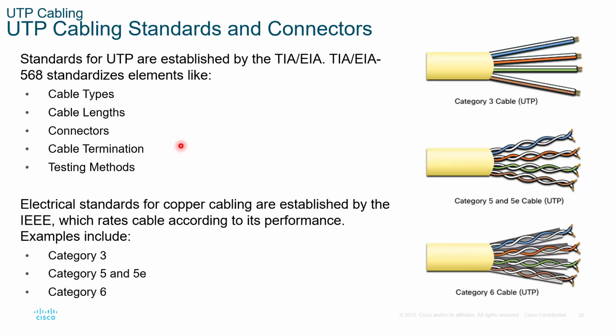Let's see, here we have category 3, 5, and 6. What is the difference between these? Category 5 and category 3 are different standards. You can see these cables are not twisted, that's why it's called category 3. It's a different standard to this one. In this one, the wires are twisted.